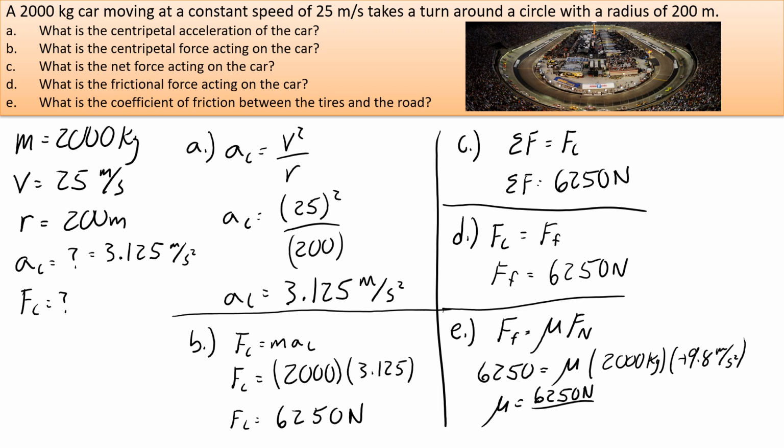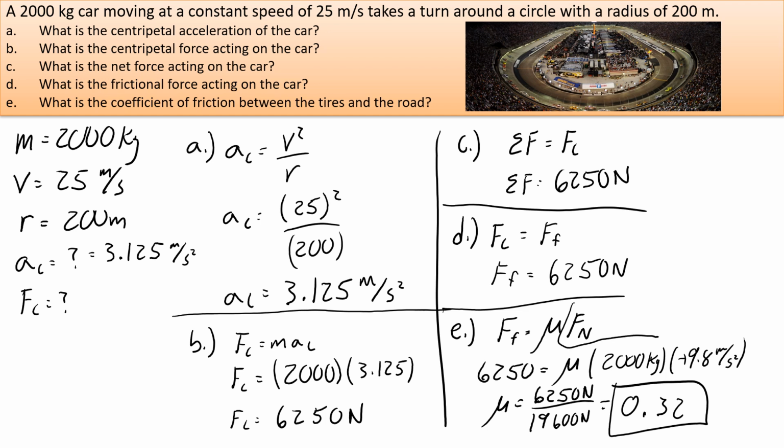I just wanted to show you the weight is 19,600 newtons in case anybody found F_g separately, and that's equal to 0.33188. We'll call it 0.32. That's the coefficient of friction between the tires and the road.